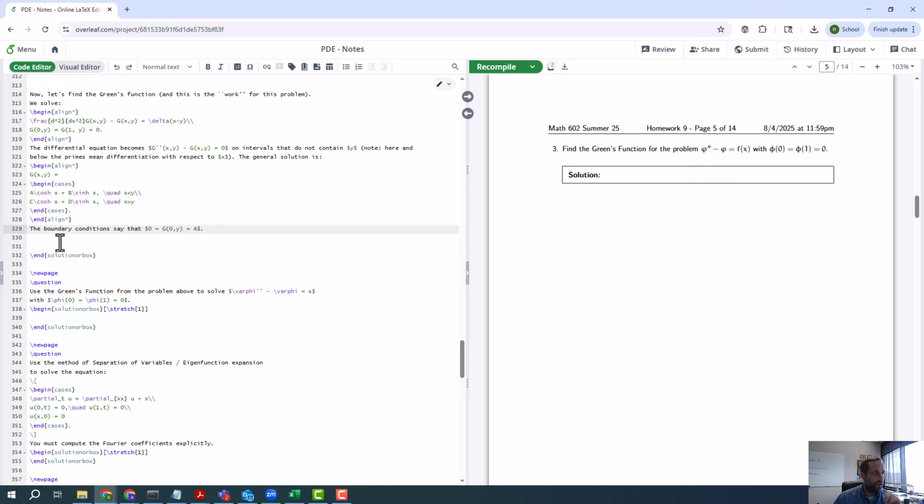So by the way, if you're not comfortable with hyperbolic sine and hyperbolic cosines, there's two things to do. One is to get comfortable. Just go look at the Wikipedia article and just know what cosh and sinh are. The other option is just to, wherever you see cosh x, just write e to the x plus e to the minus x over 2. You don't have to use hyperbolic sines and cosines, but they're very helpful.